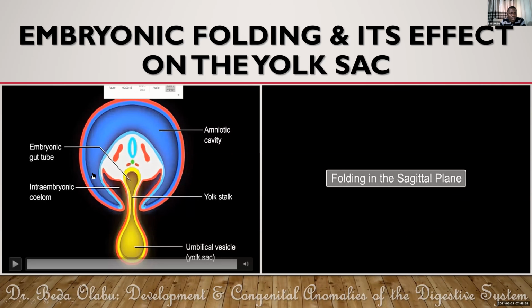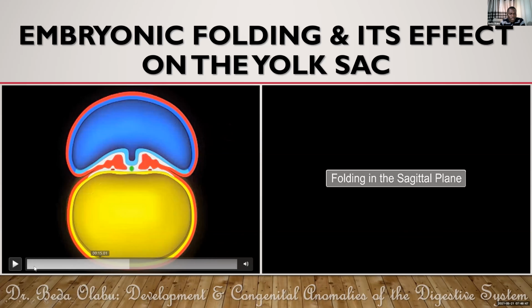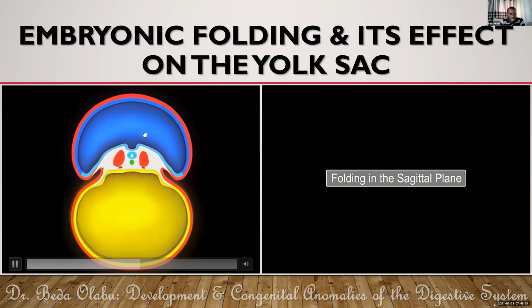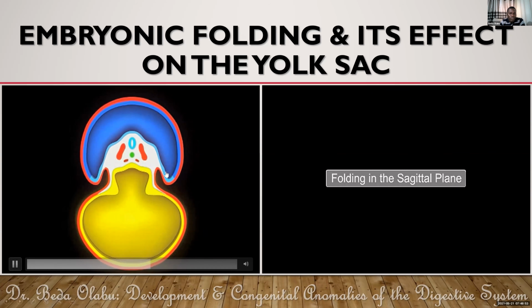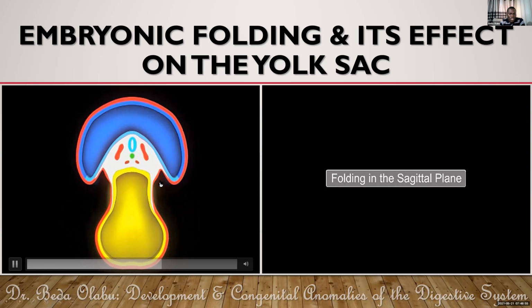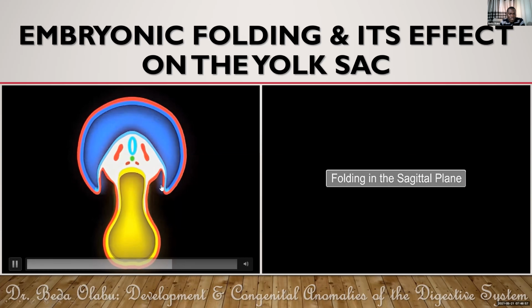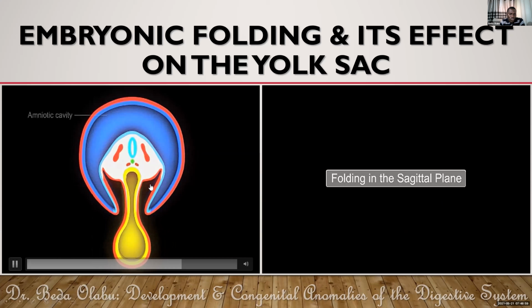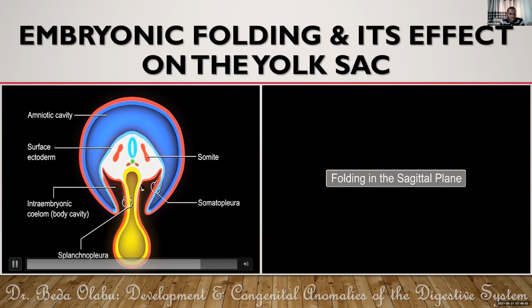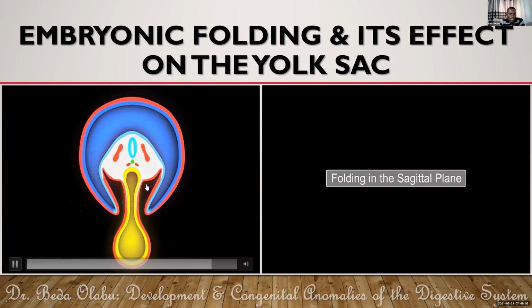Look at the shape of the embryo. It has now become cylindrical instead of that flat thing. Let me take it back a bit so that you look at that again. The amnion is expanding. This space here between the two layers of the lateral plate mesoderm, somatic mesoderm and splanchnic mesoderm, you can see that space there is forming.